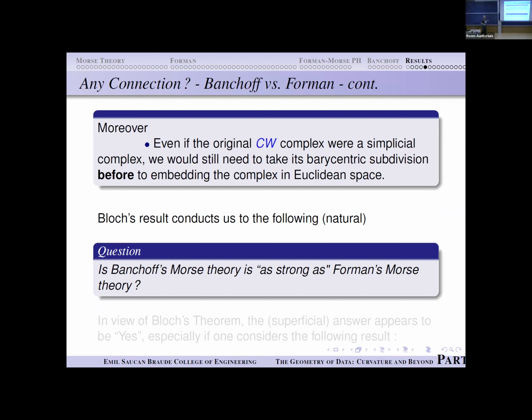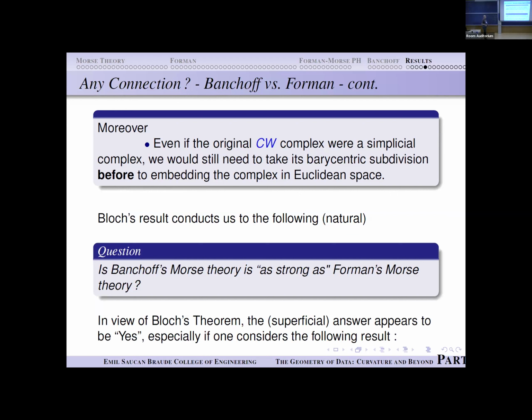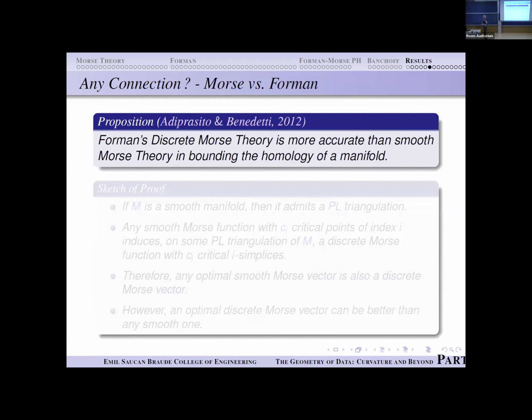And we saw that at least apparently, Bloch, it's true, they are the same. But we saw, especially since by this result of Benedetti and Lutz, that Forman discrete Morse theory is stronger than the classical one in bounding the homology of the manifold.